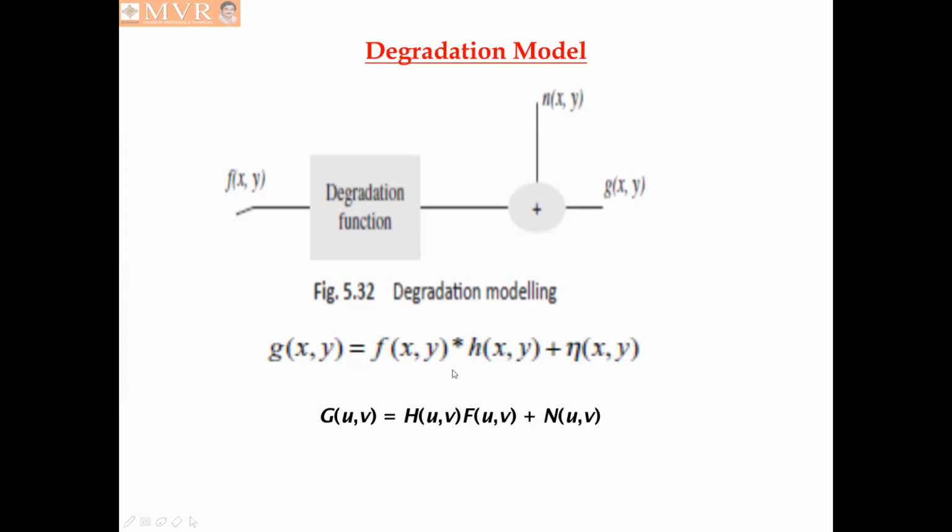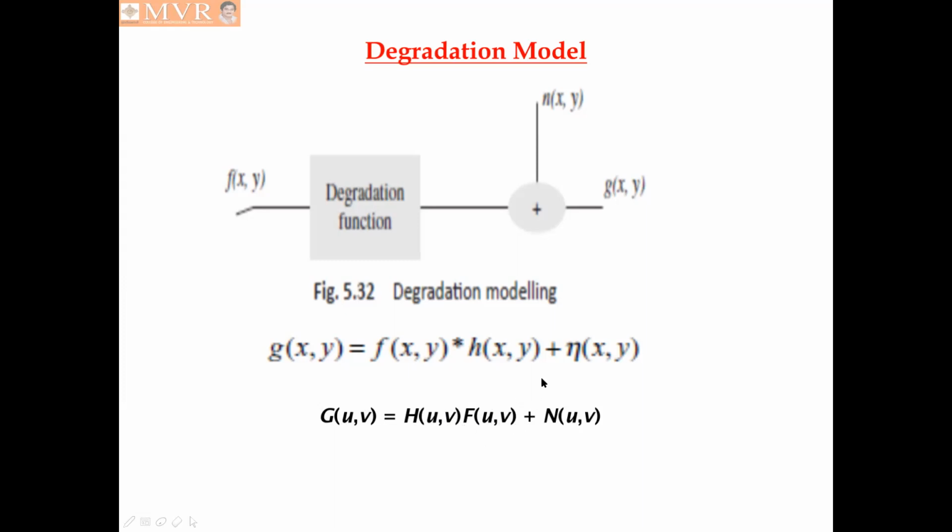X comma y indicates the spatial domain, u comma v indicates the frequency domain. So convolution in the spatial domain is equal to multiplication in the frequency domain. So this is the first equation. It is the degraded image g of x comma y, and its Fourier transform is g of u comma v, which is equal to h of u comma v into f of u comma v plus n of u comma v.